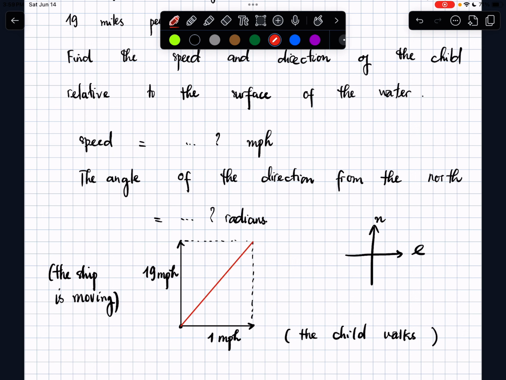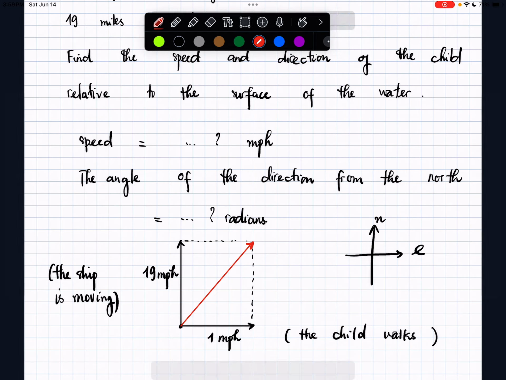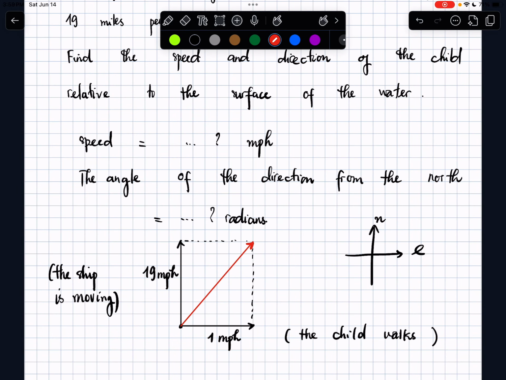So it's the sum of the vectors, direction due east and direction due north, which is the red vector.